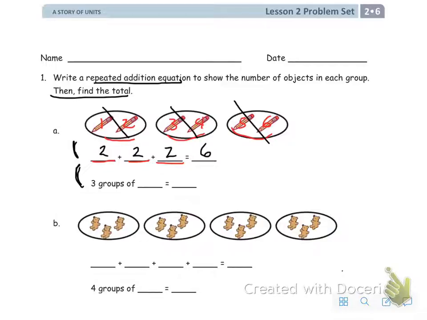So we took care of that, so we need to come down to the bottom and take care of this right here, okay? So 3 groups of blank equals blank. So we have 3 groups, right? Because once again, it's 1, 2, and 3, so there are 3 groups, and each of them has 2 in it, so 3 groups of 2 equals 6.